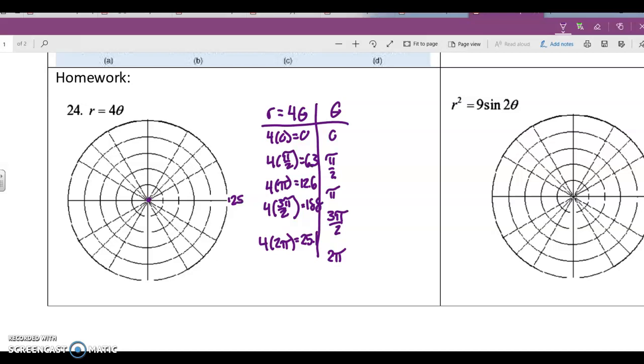Next, when we are on our positive y-axis, we have 6.3. When we are on our negative x-axis at pi, we are at 12.6. When we are on our negative y-axis, we are at 18.8. And then our last point is 25.1. So we just connect those dots. And as always, I am not grading you guys on your artistic ability because clearly I have none.